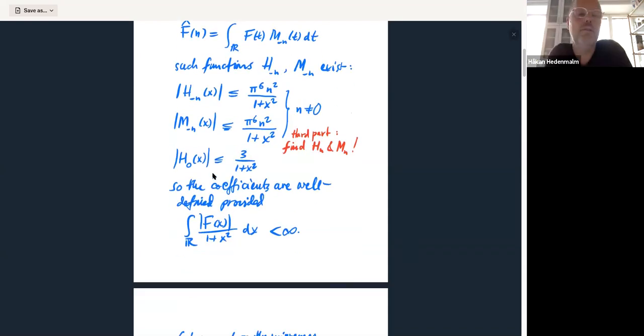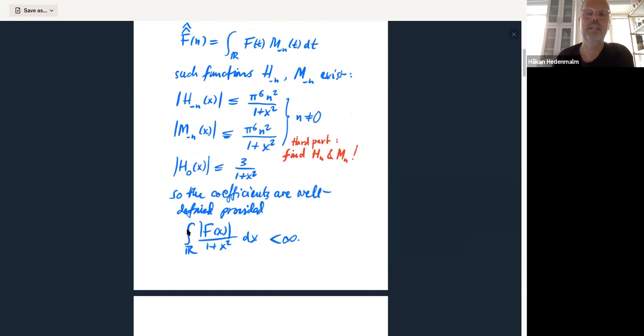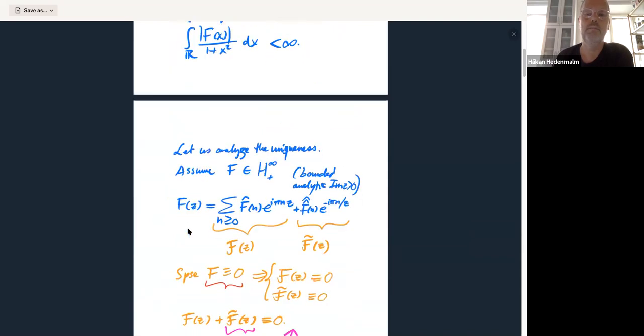They're smooth on the line, and then they decay in a good way. So you don't have really big problems here. I think maybe this n squared is not optimal. You can do a little bit better than that. But anyway, you see easily that this integrability implies that the coefficients are well defined.